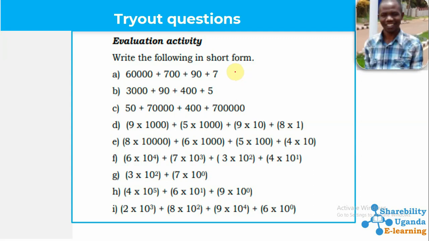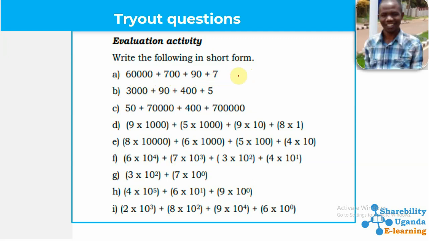How can you really answer this in a single minute? Here we are able to add this. Remember, this is 60,000, this is 700, then this is 90, and this is 7.